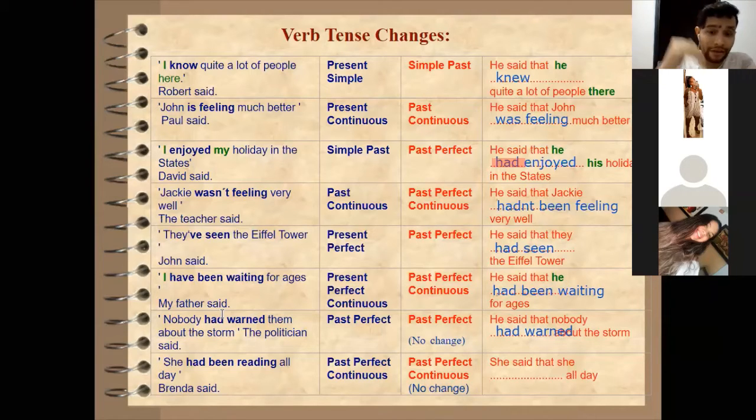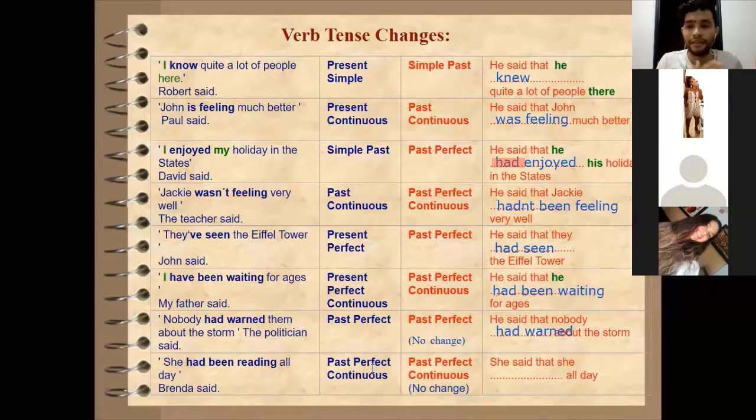Let's continue down here. She had been reading all day, Brenda said. Now, had been reading tells me that this sentence is in the past perfect continuous. And when we have a sentence that is in the past perfect continuous and we transform it into reported speech, we have to use the same, so no change.